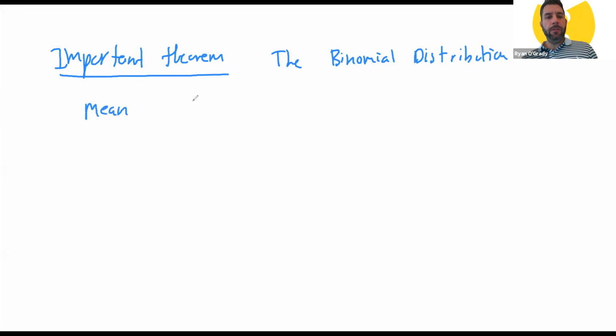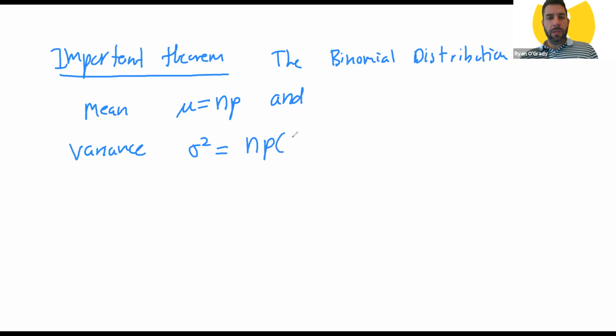Its mean is very simple. It's just mu equals n times p. And the variance is quite easy to remember too. It's n times p times 1 minus p.